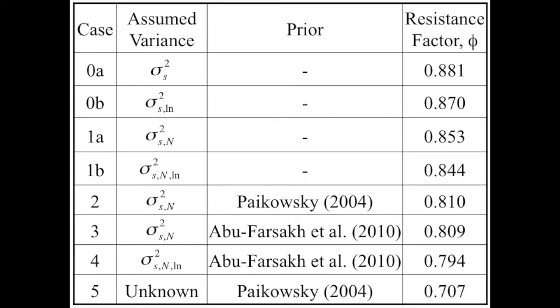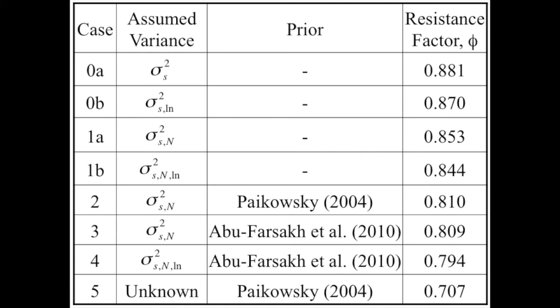In summary, the statistical approaches that were presented herein included case 0, in which no n-sigma approximation of the variance was utilized, along with no prior distribution being utilized for the Bayesian updating. Case 1, in which the n-sigma approximation of the variance was utilized, but no prior distribution was utilized for the Bayesian updating.